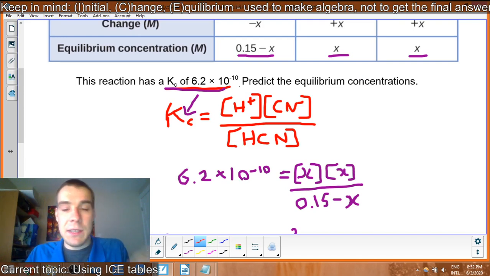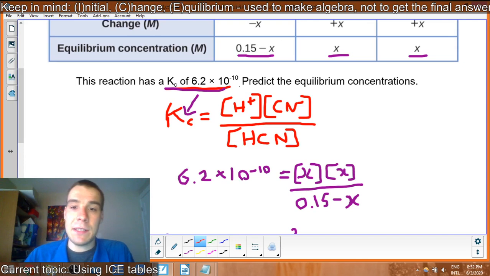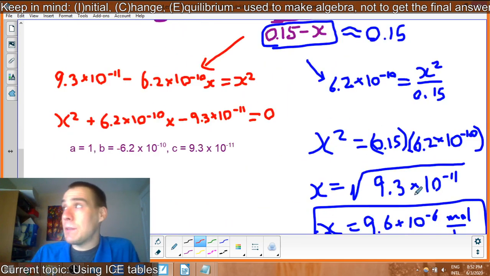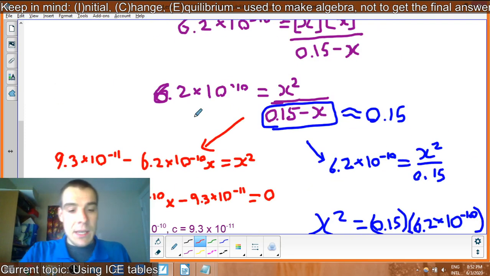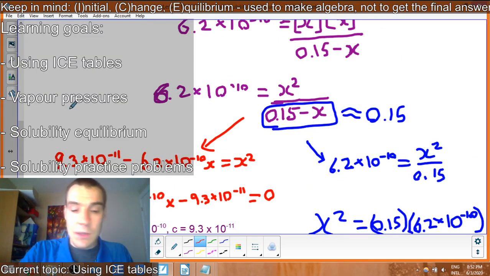We will do it in a sort of way. We're going to do it for acids and bases, but a lot of the time we'll be able to use our simplifying shortcut. We'll use the blue method instead of the red method over here. Okay, that's that. Let's get into vapor pressures.